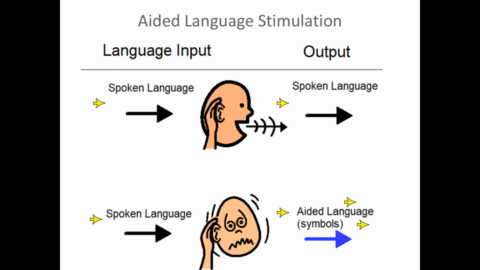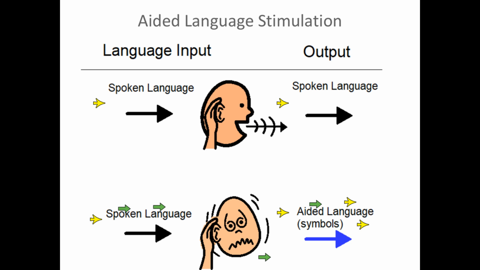I mean, you would say it's all Greek to me. We're putting one language in and expecting another language out. And that's really, this is the area of the spoken language, the language input for our students right here. That's the real issue. We need to communicate to our students in the same language we want them to produce. So we need to communicate to them in symbols so that they can then produce symbols.